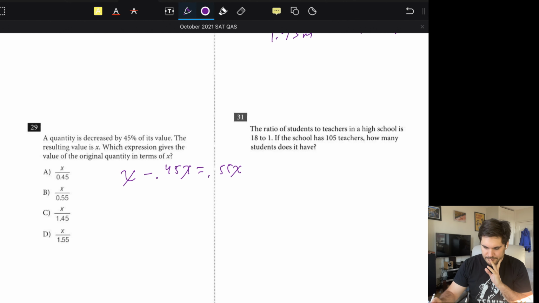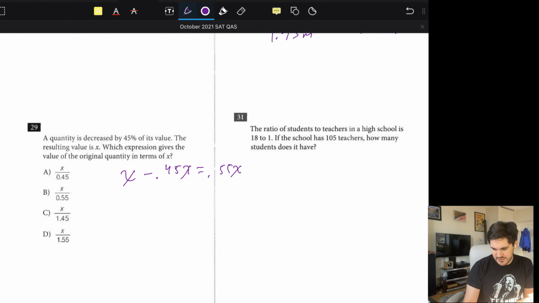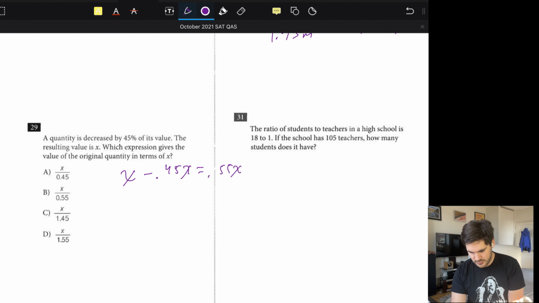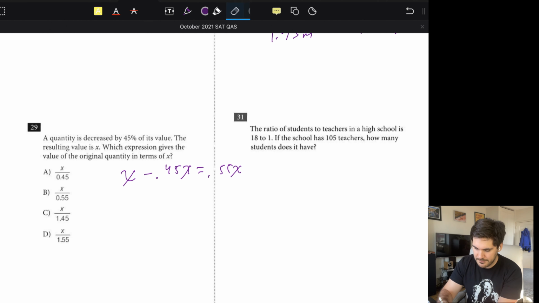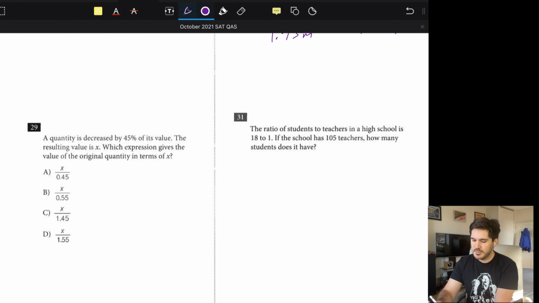Wait. A quantity is decreased by 45% of its value, and the resulting value is x. Oh, I see. Okay. So what this means is, let's say we have 100, and it's decreased by 45%, so it's decreased by 45.